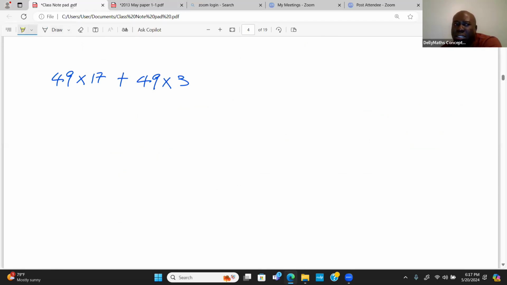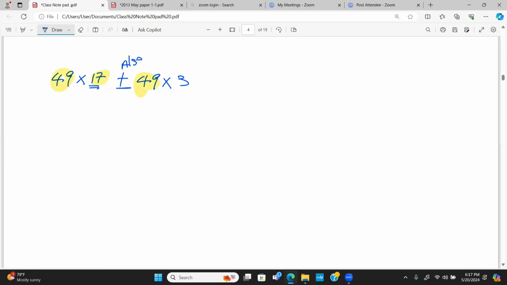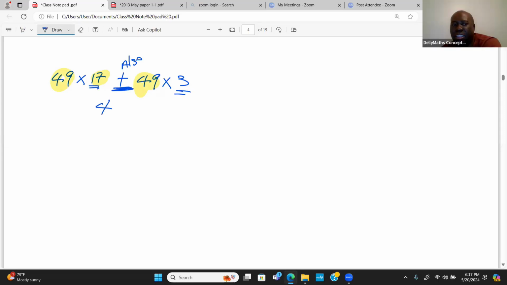One way you could look at it is to say this is 49, 17 times, plus also 49, 3 more times. So it's like you have it 20 times. Make sense? 49, 17 times and plus 3 more times, so you're actually having 49, 20 times. Can you see that?